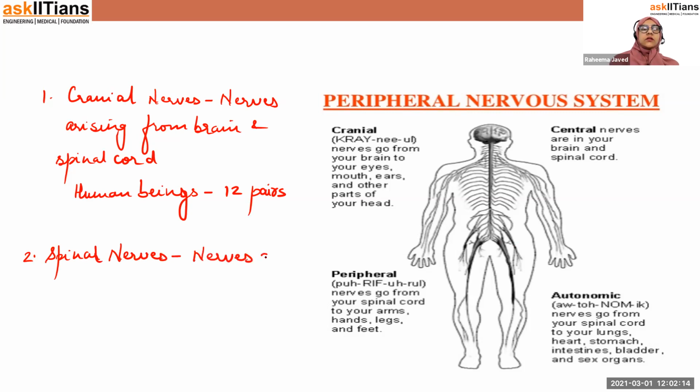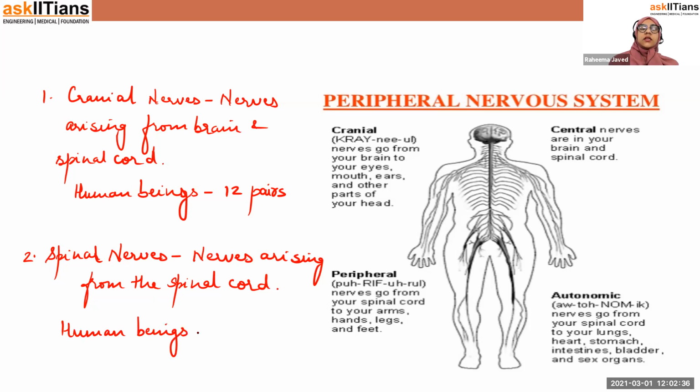Then secondly, there are spinal nerves also, which are the nerves arising from the spinal cord. In human beings, there are 31 pairs of spinal nerves.